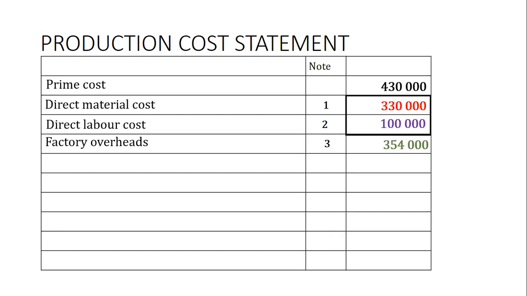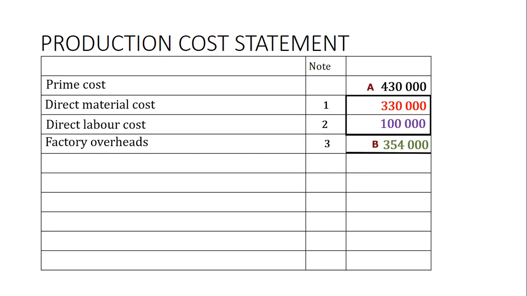When you add this value with this value, what would you get? 784,000. That 784,000 will be your total cost of production.